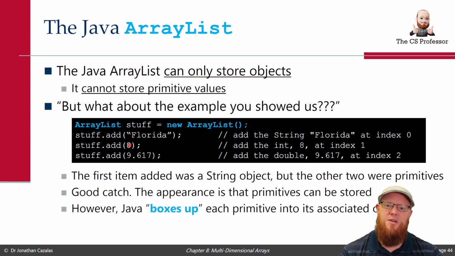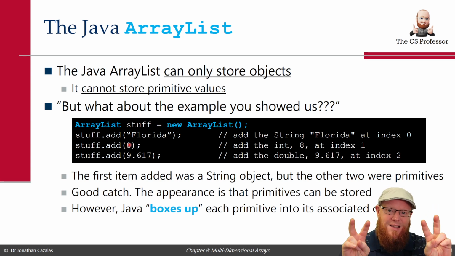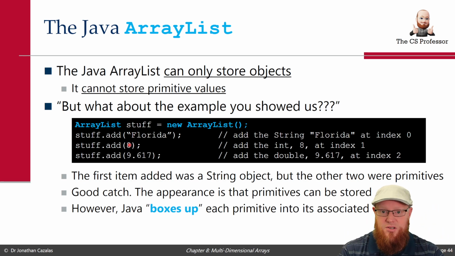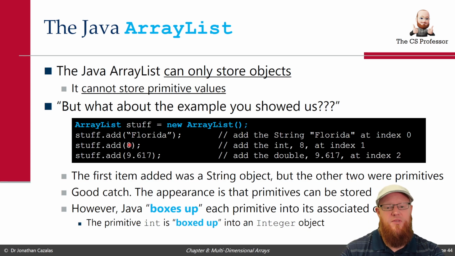However, what Java does under the hood is it boxes up this int value 8 into its associated object. What do I mean by that? The primitive int is boxed up and saved into an Integer object.